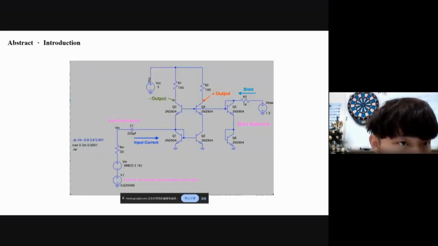Q1 acts as a mirror to Q2 for positive input signals and cuts off for large negative inputs, while Q3 is a cascode under small signal conditions and so resists large negative input currents.